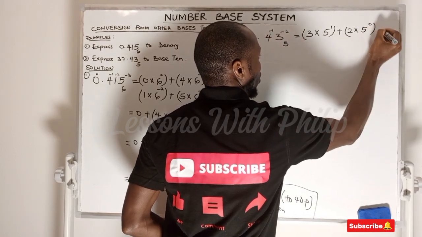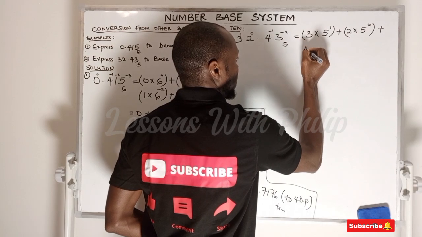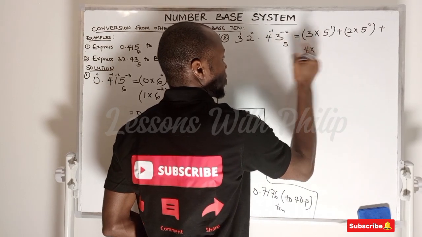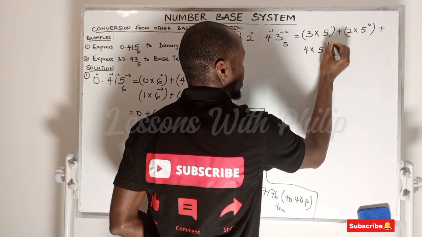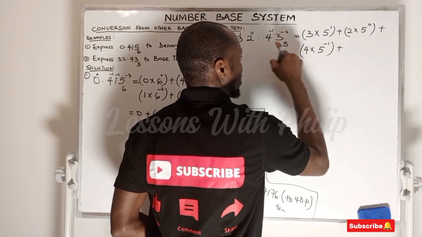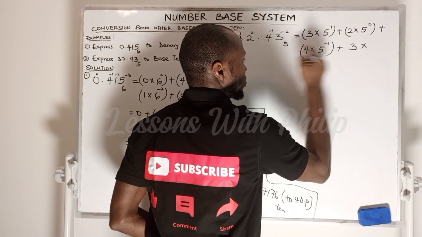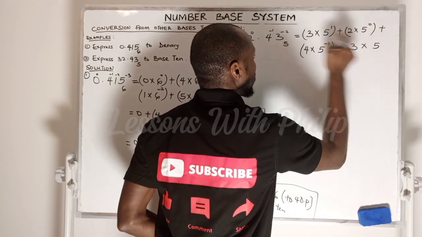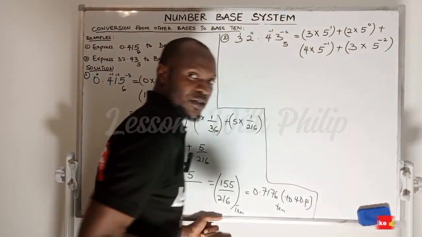Plus the next one is 4. That will be 4 times base 5, and what is the power? Minus 1. Plus the next one is 3. That is 3 multiplied by base 5, and what is the power? Minus 2. All right. Do you get it?